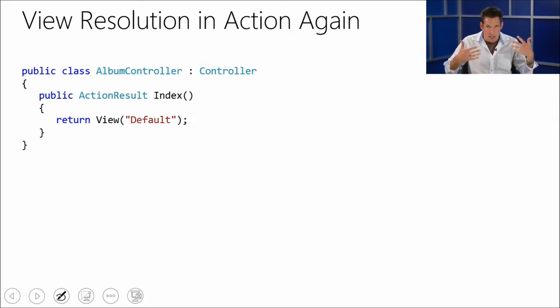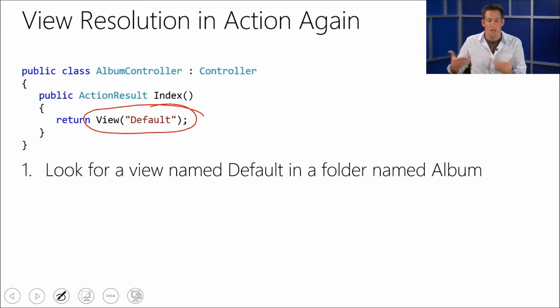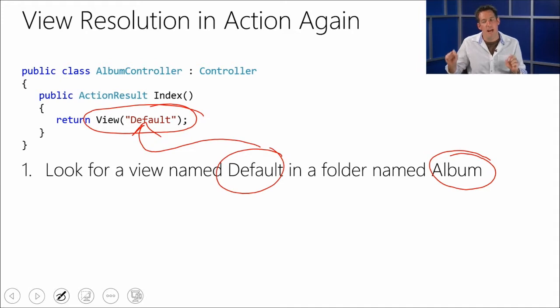So it's really the same form. So what we can do is specify the name of the form that I want to use. The workflow basically still stays the same. Once again, it's going to look inside that folder called Album, but this time it's going to look for something called Default, because that was what I told it. I want the name to be Default.